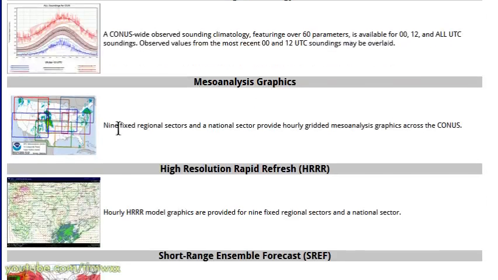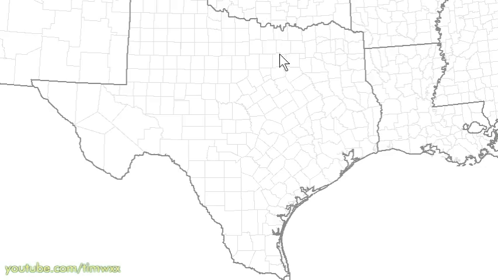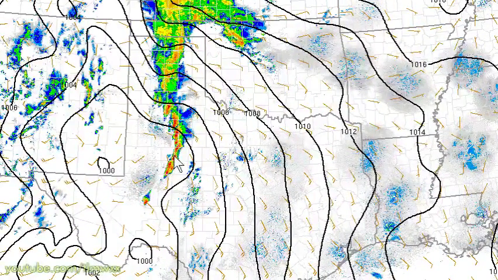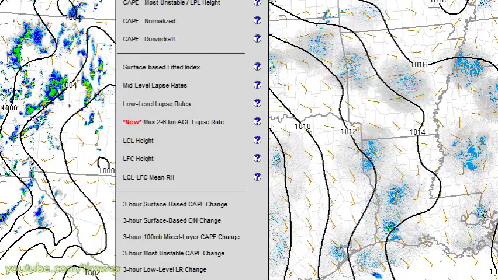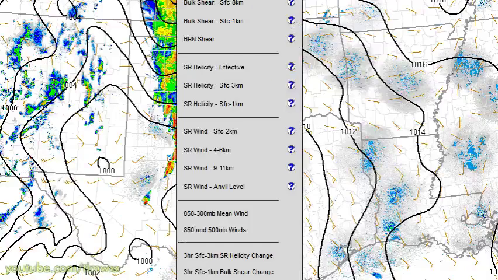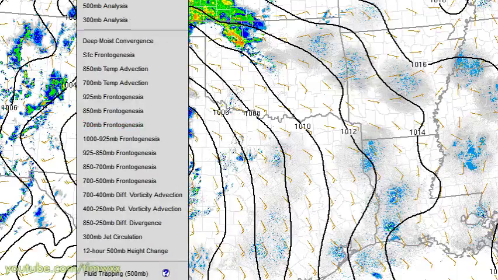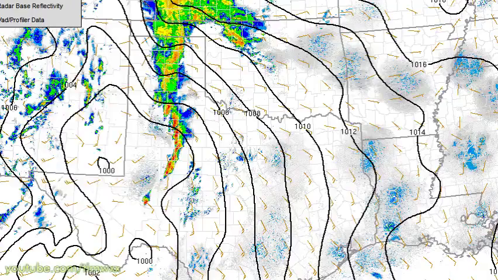Okay. I'm going to go to their Texas sector here. So this is showing that line moving just east of Lubbock. And they've got a couple of different panels. The one I'm going to pull up is the convergence. It's not that one right there. It's not the moisture convergence one. Let me see here.